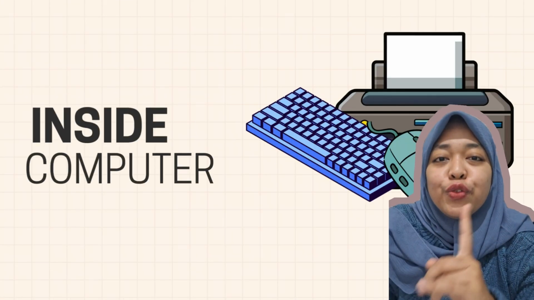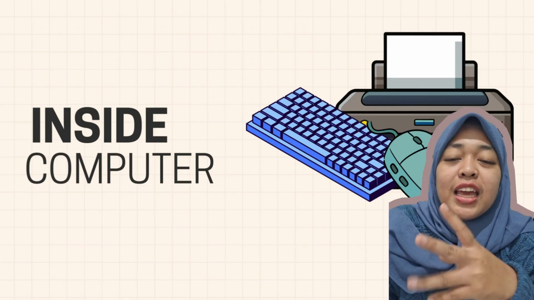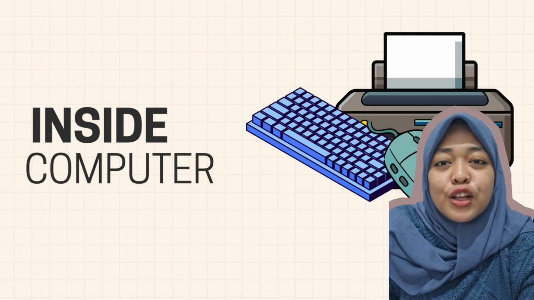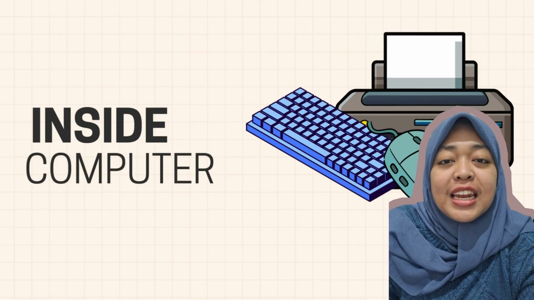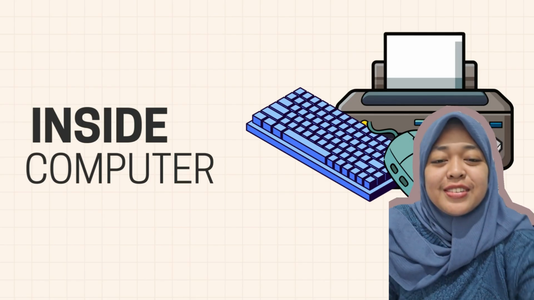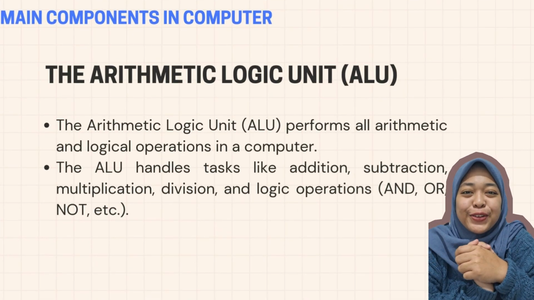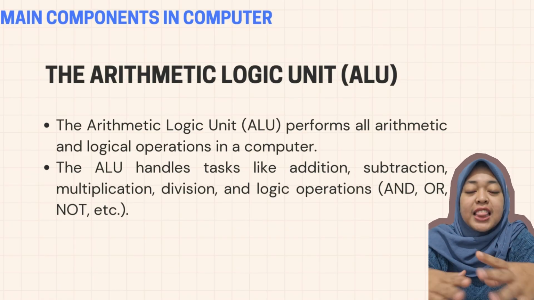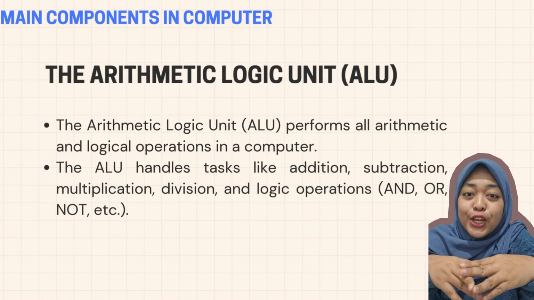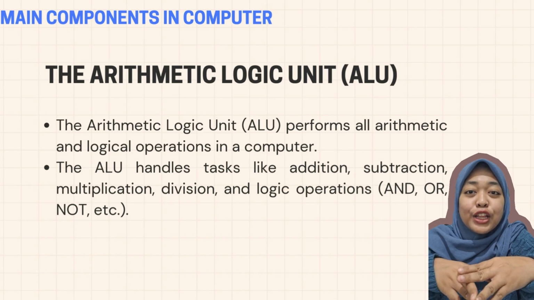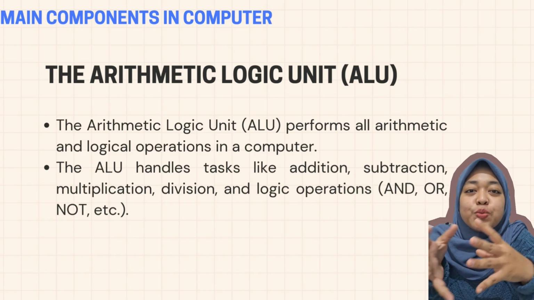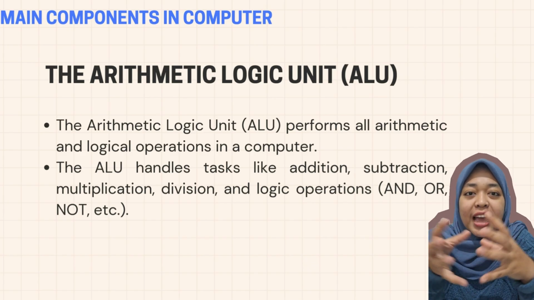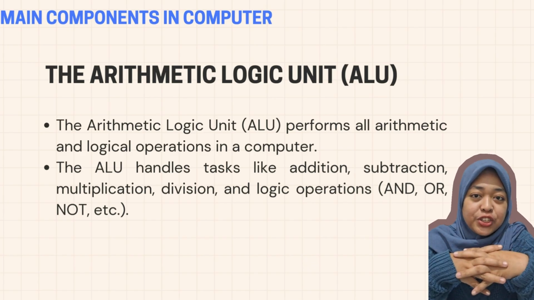Now, we move to inside the computer. Here, we will get a close look at the key components that make everything work. Now, let's look at one of the main components in a computer, the Arithmetic Logic Unit or ALU. The ALU is responsible for carrying out all arithmetic and logical operations.